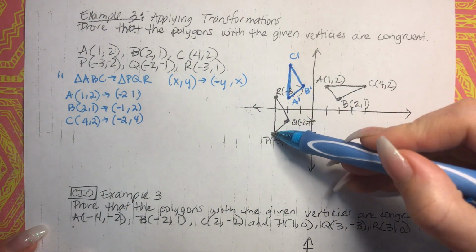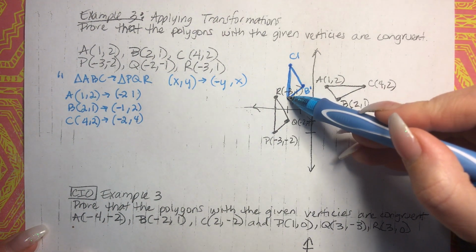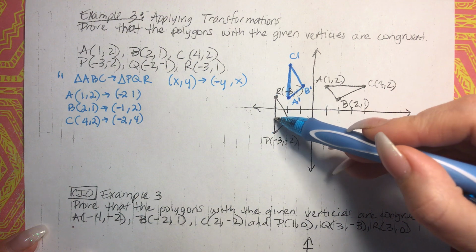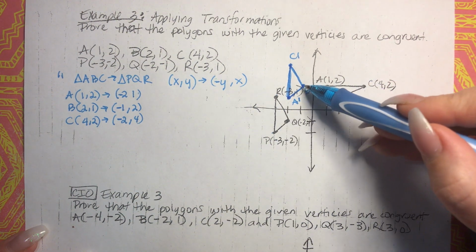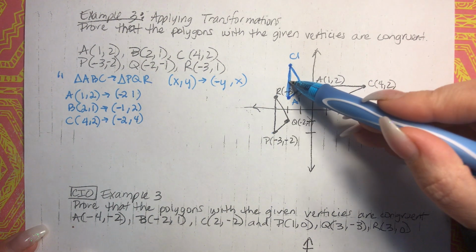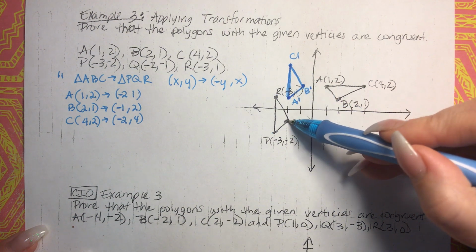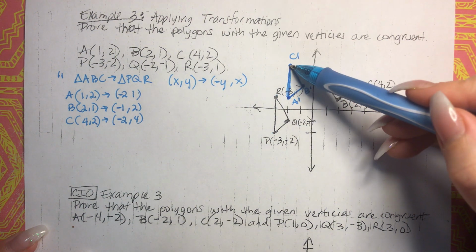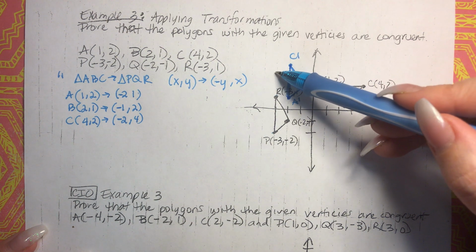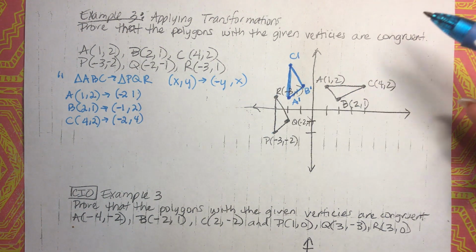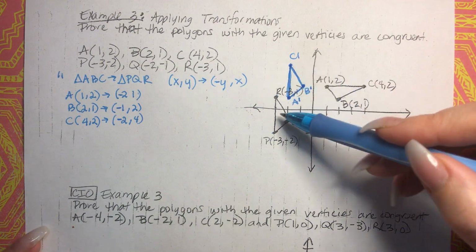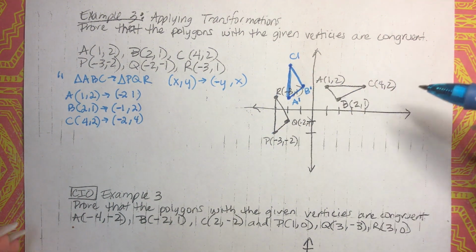From A prime to P, it's to the left 1 and down 1, 2, 3. Is that the same for B? Okay, to the left 1 and down 1, 2, 3. Oh, that worked. And is it the same thing here? To the left 1 and down 1, 2, 3. And it is, so that rule works for all 3 vertices, so therefore it is a translation.